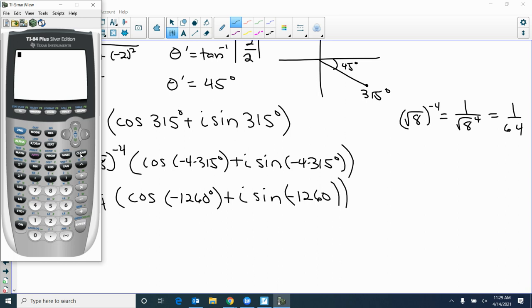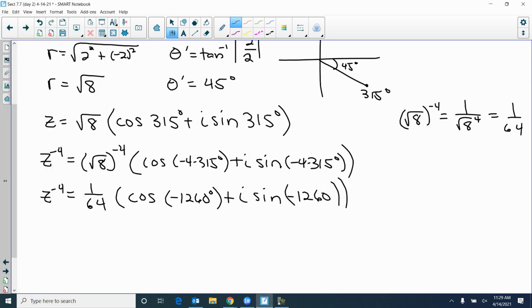Emily, what's it end up equal? 180. All right, negative 1260 plus 360 plus 360 plus 360 and plus 360. So its coterminal angle is 180.